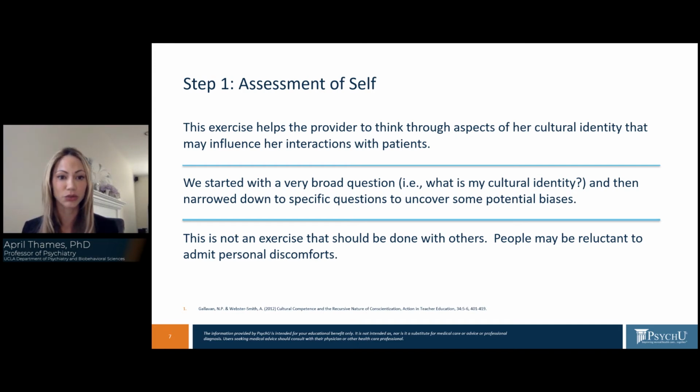That's a natural human tendency to have an affinity to somebody who is more like us. For people who are different, there's a natural tendency to be concerned about interacting and to not know how to interact. So this is a natural human bias that we all have. And the more that we can be introspective and be aware of it, the better patient care we can provide.